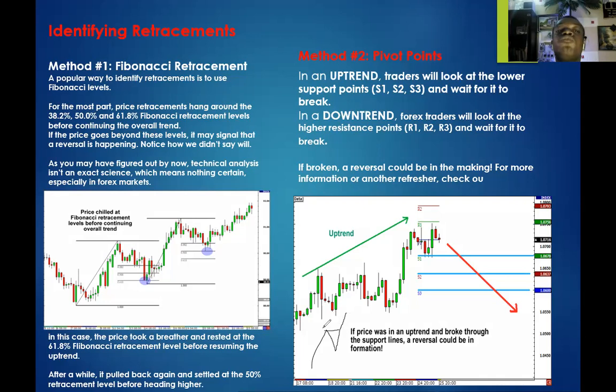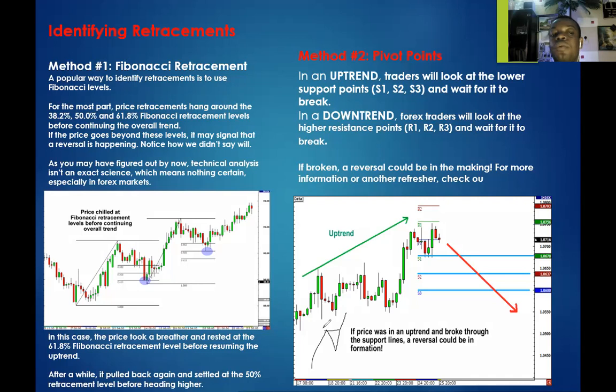Now, we use Fibonacci retracement to identify the possibility of a valid retracement of a trend. With the help of Fibonacci retracement, we have a golden number which is the 38.2 Fibonacci level.